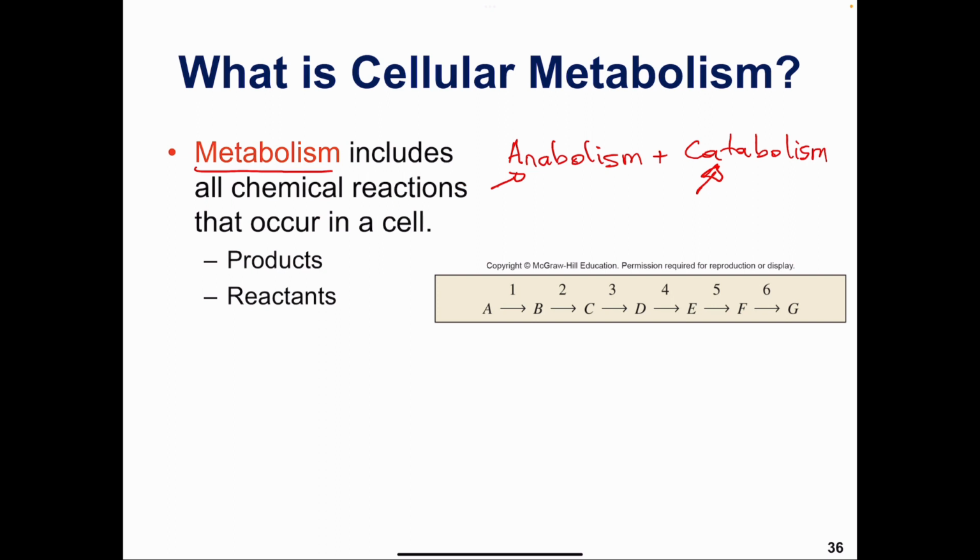Step 1 or reaction 1, reaction 2, reaction 3, reaction 4, reaction 5, 6, and so on and so forth. So that when you want to synthesize, for instance, an amino acid, the system is going to start with a substrate, right? A reactant. That reactant is going to undergo a series of chemical reactions until you have, at the end of the line, production of an amino acid.